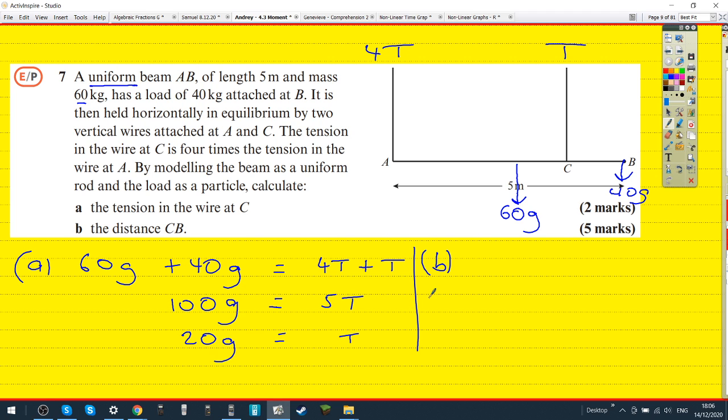Part B, the distance B to C. So we know that 5T is equals to... so 5T makes up A to B. It doesn't matter. Okay. So this here is 20G. This here must be 80G.